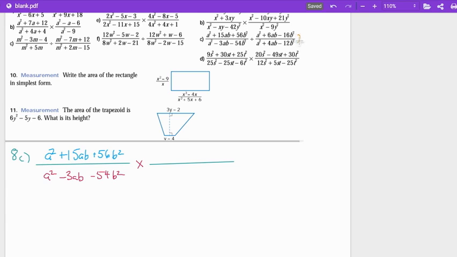Now I am flipping this rational expression. So I have a squared plus 6ab minus 16b squared, right? And then in the numerator is the old denominator.